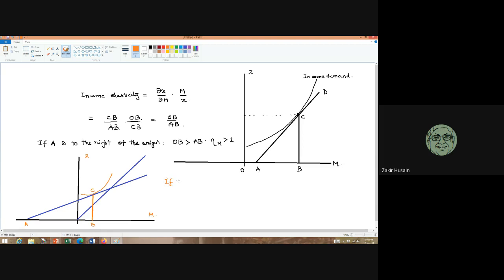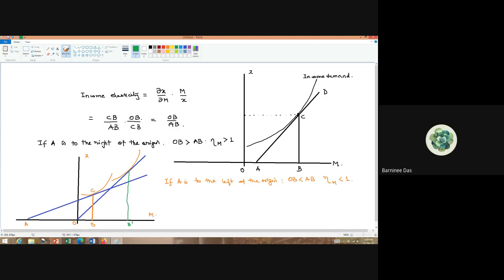Okay. So here we can see that A is to the left of the origin. In that case, which is larger, OB or AB? AB. And income elasticity will be less than 1. Now suppose we have a curve like this. So I'm drawing over here. Okay, I'll call this B prime.